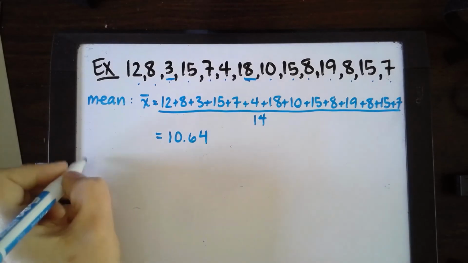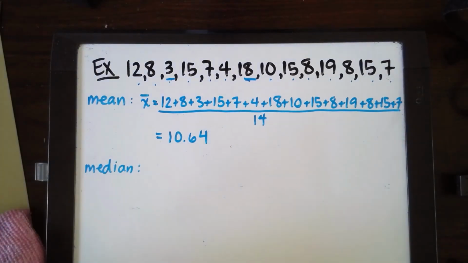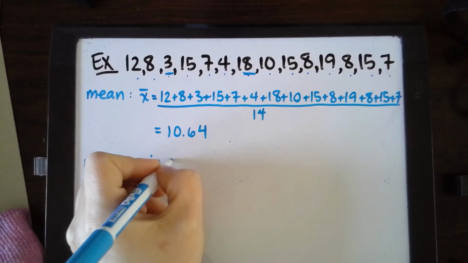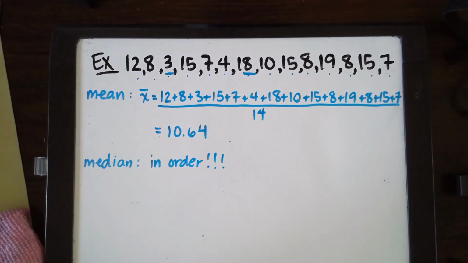X bar. Now our median. Remember we're looking for our middle value, and students often forget to put the numbers in order. You have to put these in order, so don't forget that step. And this can be a pain, so as you're figuring this out, check them off.